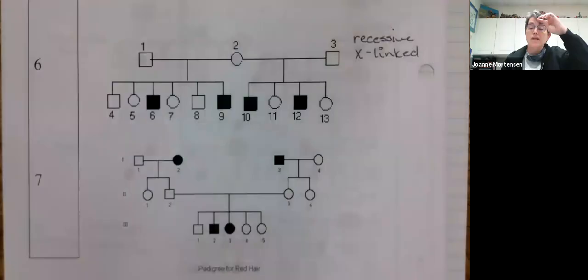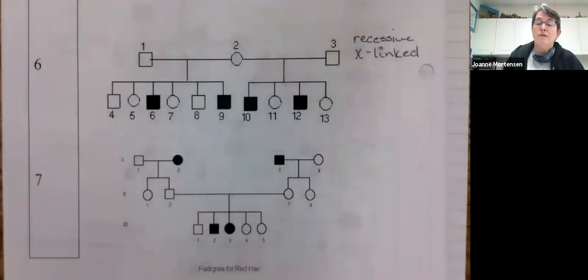On the upcoming test, I'm not going to ask you to determine the genotypes of everybody in the entire picture, because that's a lot of work for you, and for me when I go to mark. On an exam, I might say, tell me the genotype of individual number 6 or number 13 or number 3 or something like that.